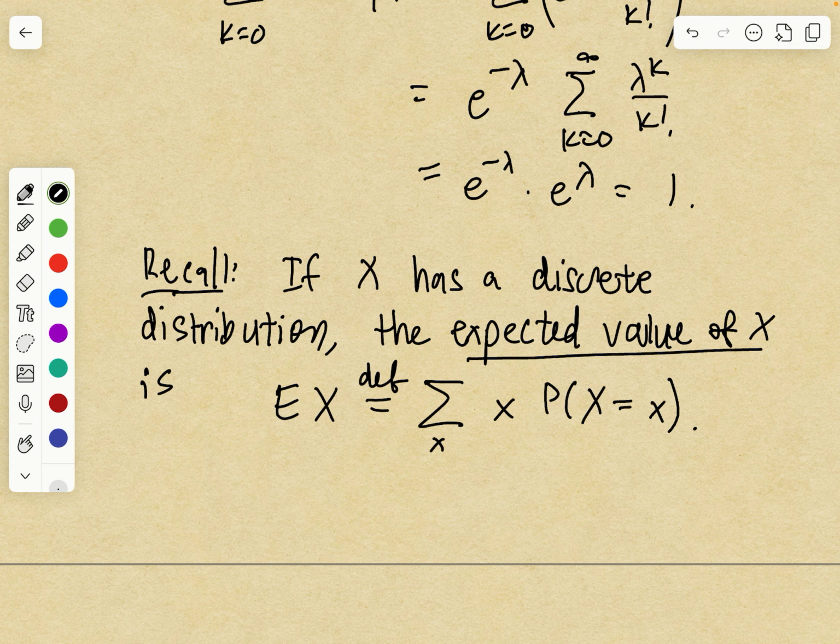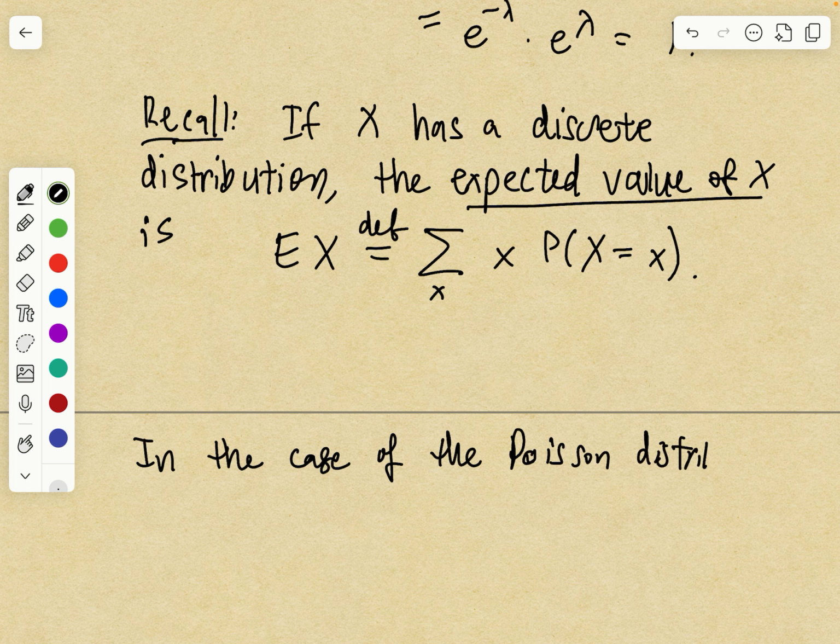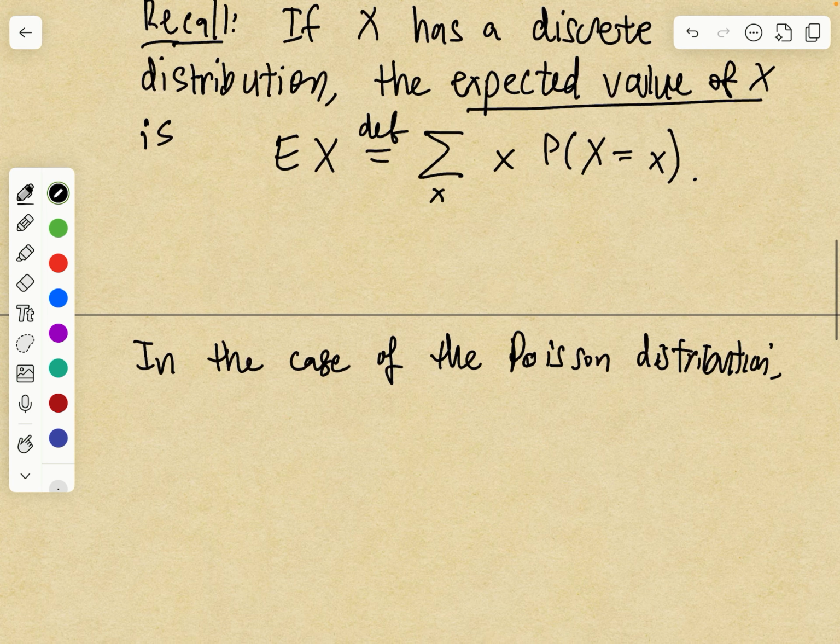So what does that look like in the case of the Poisson distribution? We have X as a Poisson distribution with parameter lambda.